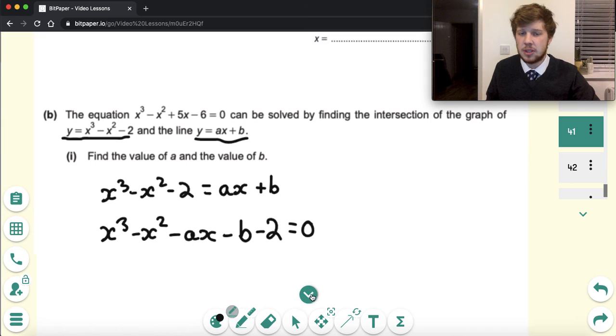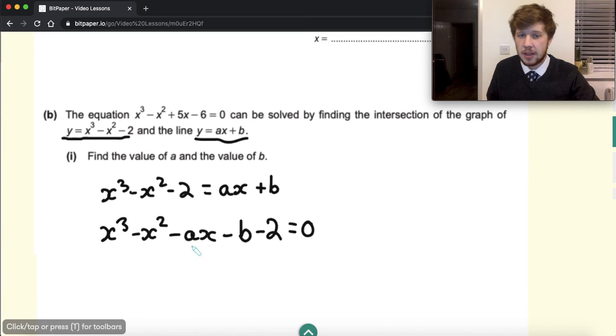And from here, I'm just going to compare coefficients. Negative a is going to have to equal 5, and negative b take away 2 has got to be equal to negative 6.